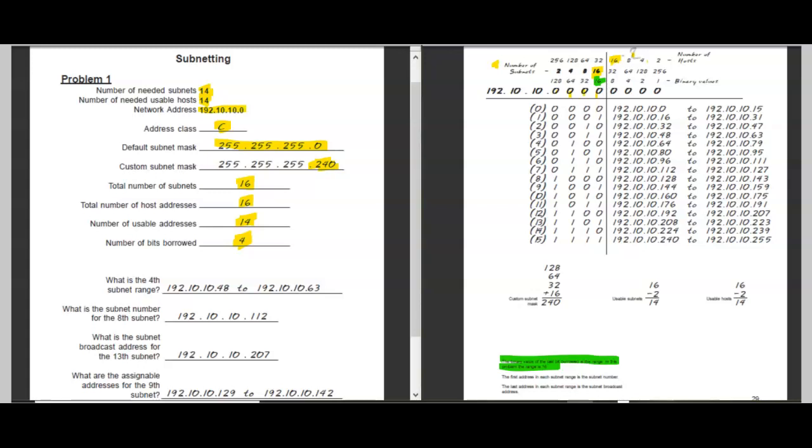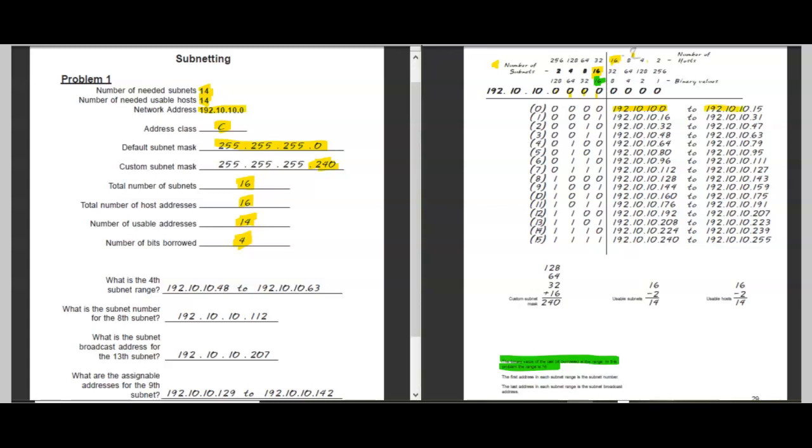You start by writing the network address out, and our network address is 192.10.10.0. So that's what we write out first. What do I add to 0 to get 16? If I'm counting by 16s, what is my end result going to be? It's going to be 15.